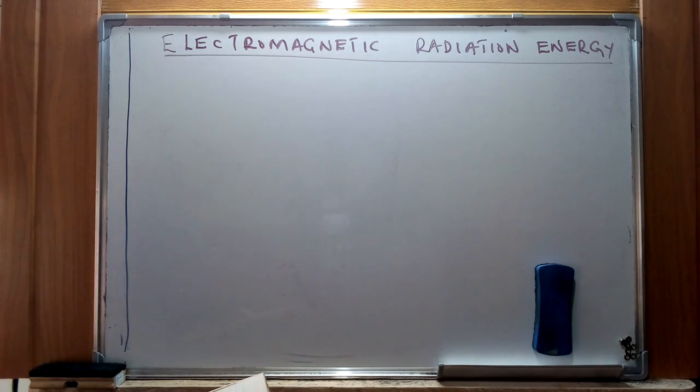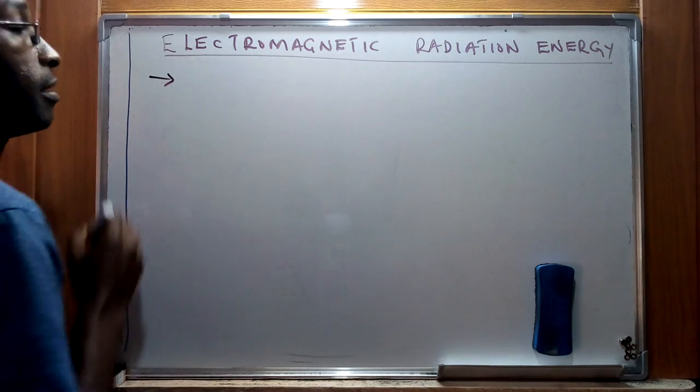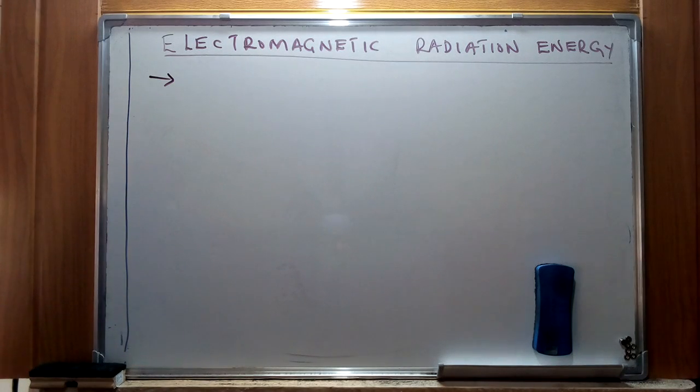So today we're going to look at various ways in which we can describe this aspect of energy. Through experimental investigation, we're going to see that there are various ways in which we can represent this electromagnetic radiation energy.